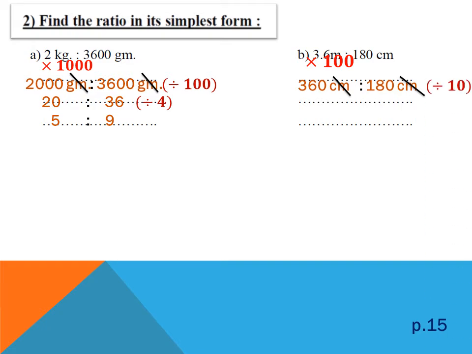Divide the two terms by 10, we get 36 to 18. Both of them are even. We check to divide by 2 or 4 or 6 or 8 or 12, 14, 16, 18 and so on. Here both of them can be divided directly by 18 to get the simplest form 2 to 1.